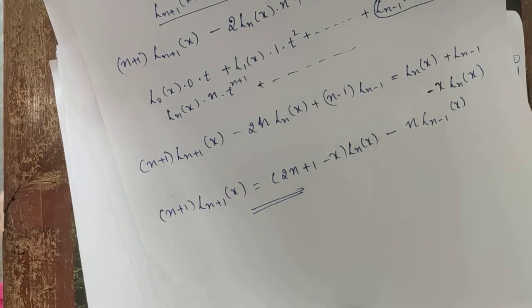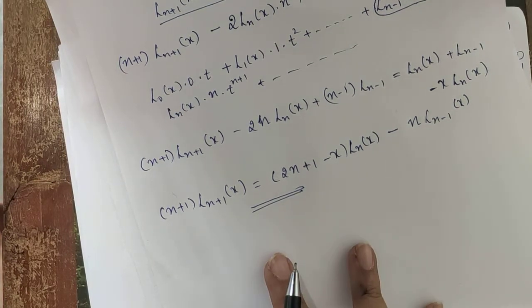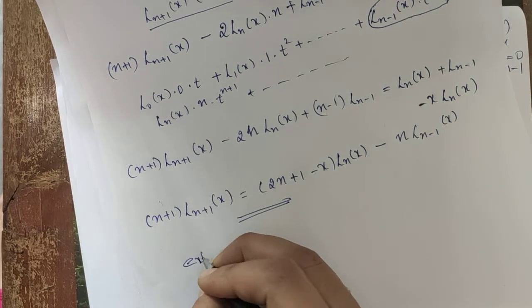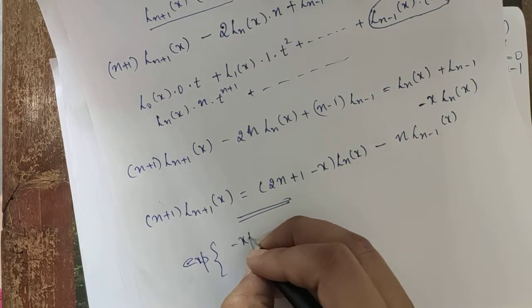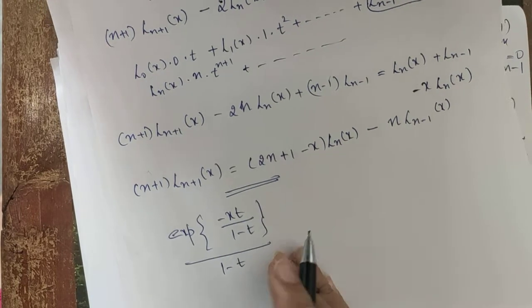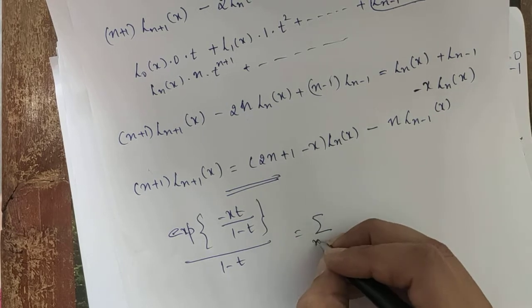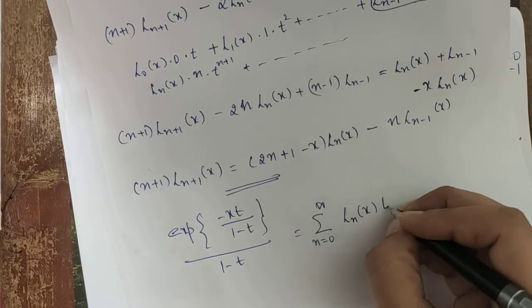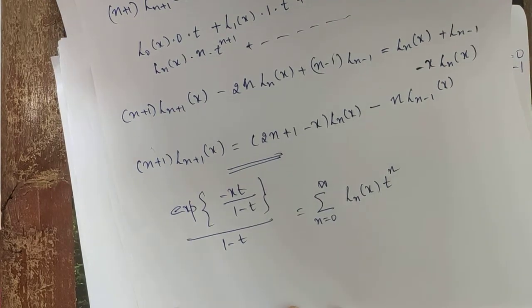So now to prove the second recurrence relation, again I will use the generating function. Here I will differentiate my generating function with respect to x. So the generating function is exponential of minus xt by 1 minus t, divided by 1 minus t, is equal to summation n is equal to 0 to infinity ln of x into t power n.